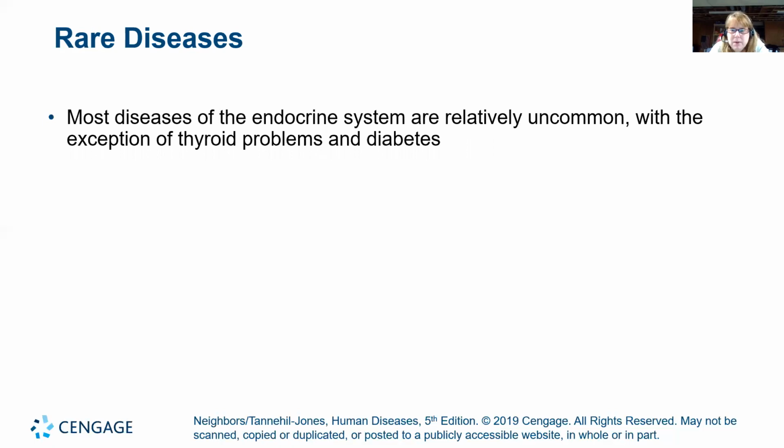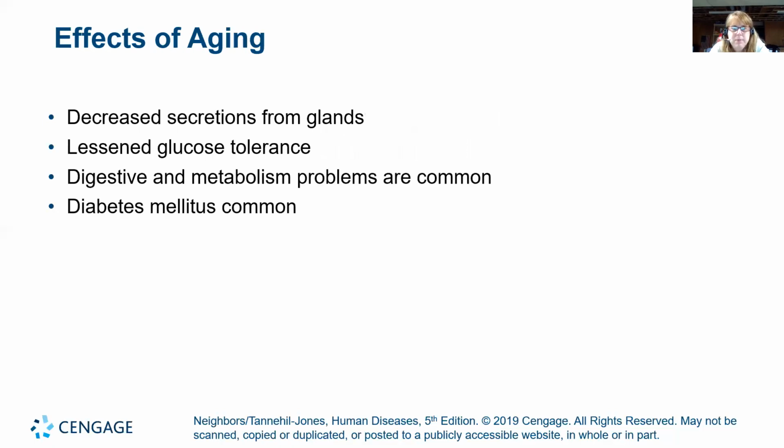They're very uncommon. The most common ones are thyroid problems and diabetes, okay? And lastly, we always say, what are the effects of aging on this system, okay? When you're older, you start decreasing how your glands work. So the secretions decrease, okay? You have a lessened glucose tolerance.